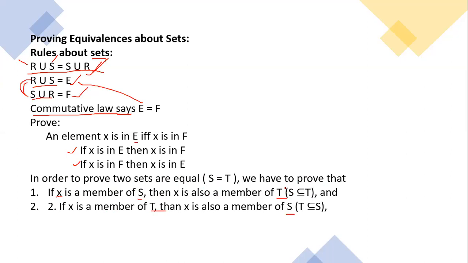X is an element which is present in S, so S is a subset of T. And otherwise, X is present in T, and T is a subset of S. Both the things are acceptable, and we can say the union of both the things are the same with the help of this. If X is available in S and available in T, then we can say R union S is equal to S union R.